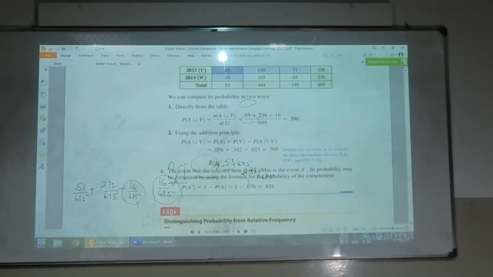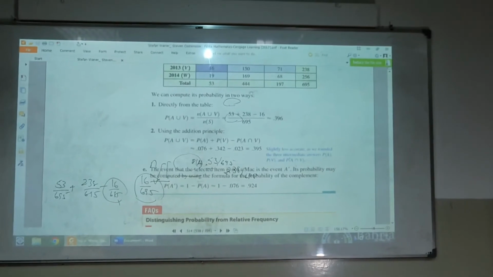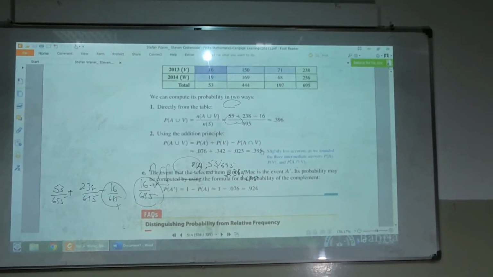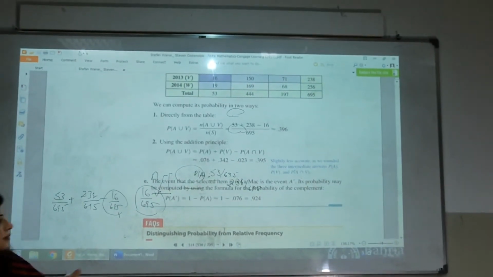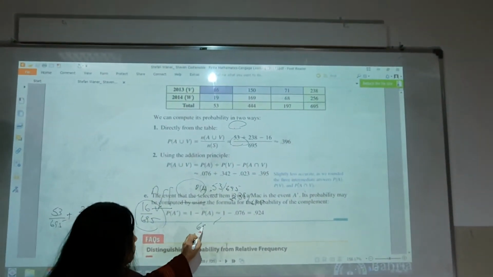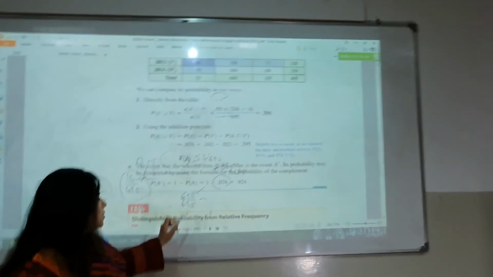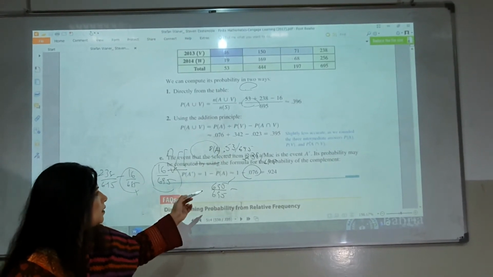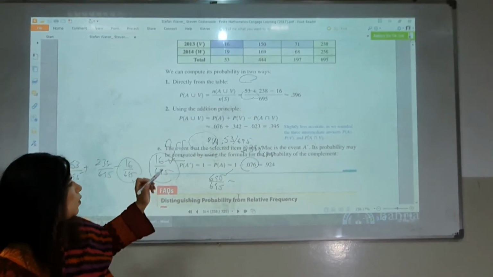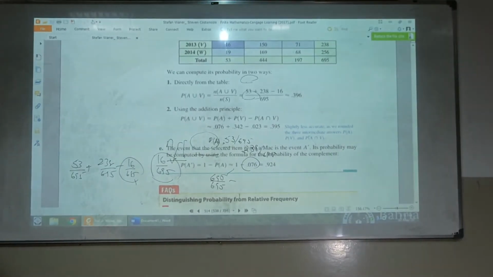Okay? So now, the last event is the complement, and again I told you that this probability is 1 minus 53 by 695, so it's 695 by 695 minus 53 by 695. As you can see, they have calculated this, so I can show you.